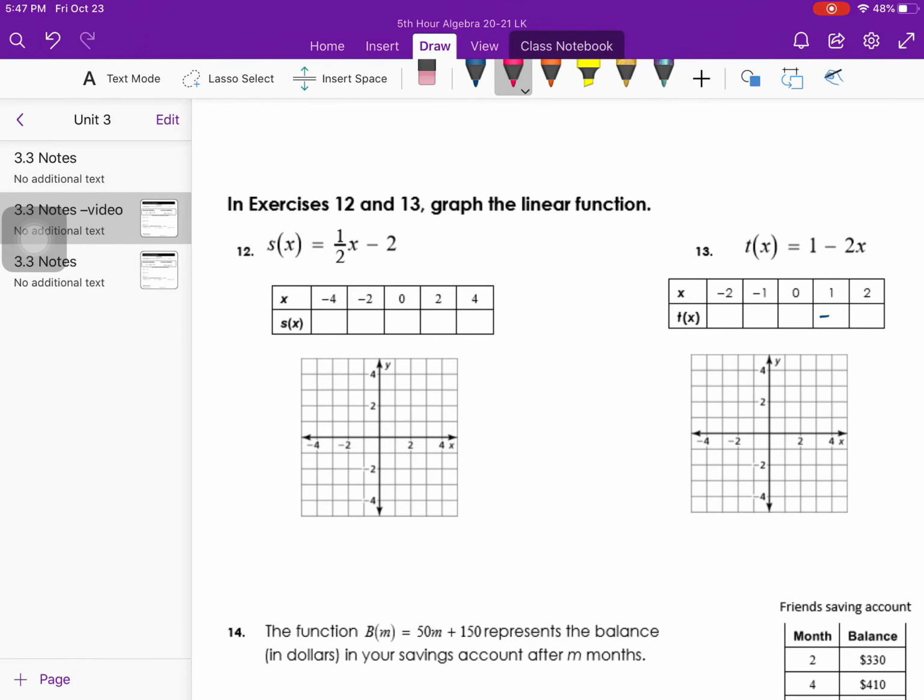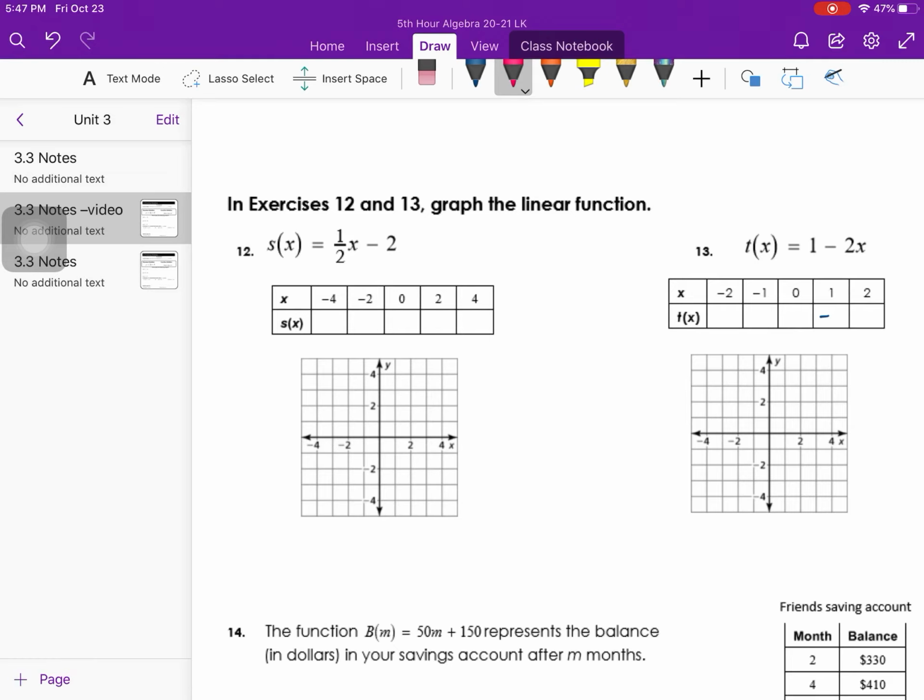Now we're going to try graphing a linear function. So if this feels like your chapter 4 from pre-algebra, you're right. This is the same process. So it's showing us that we can use s of x the same way we used y.